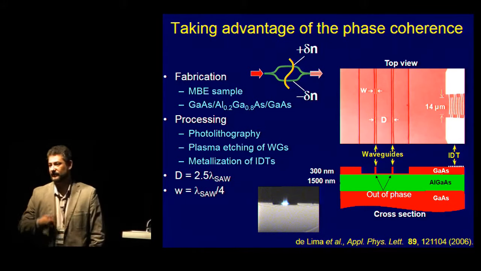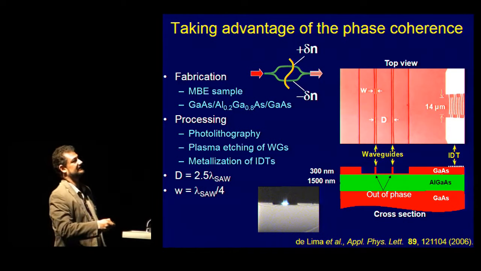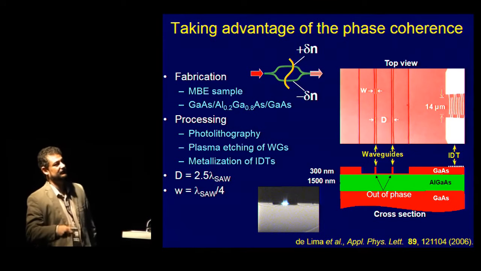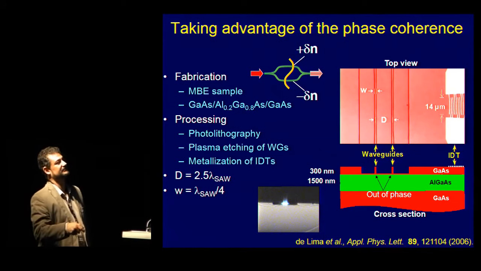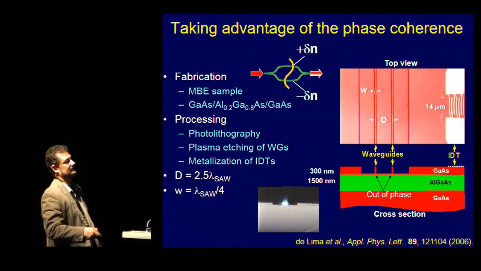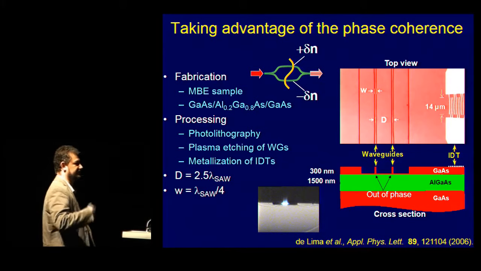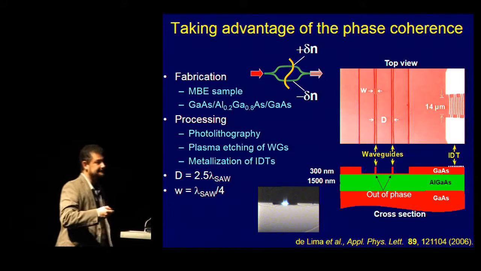So we rely on the phase coherence of the acoustic wave, so that when the refractive index of one arm is going down, the other one is going up. So we don't have to put absorption here and we use all the acoustic wave to modulate both arms at the same time, okay? The system is on gallium arsenide. These are the dimensions, and we made it by photolithography, plasma etching, and so on and so forth.